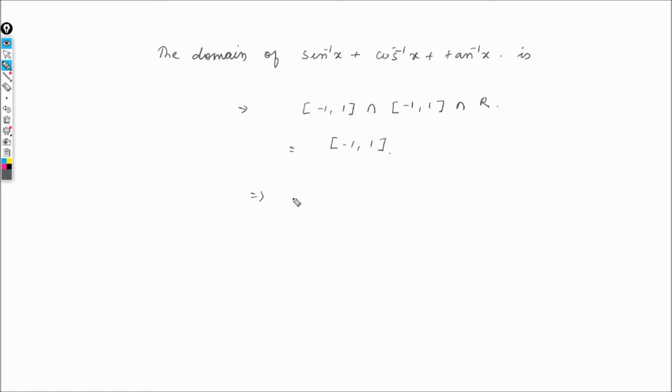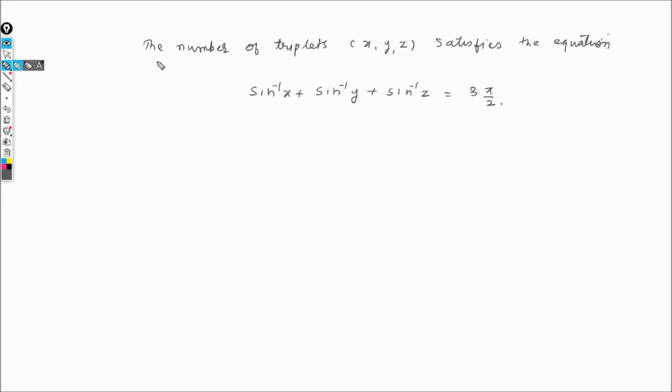So if we take the intersection of these three intervals, we will get this common interval. So the domain of sine inverse x plus cos inverse x plus tan inverse x is equal to the closed interval minus 1, 1.